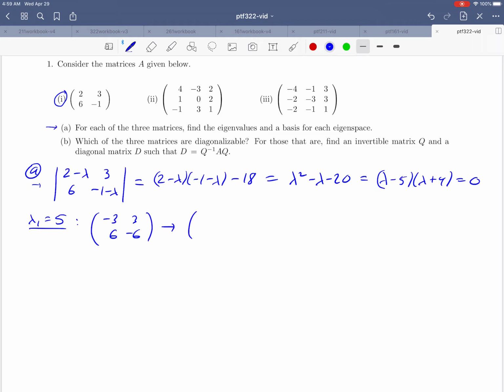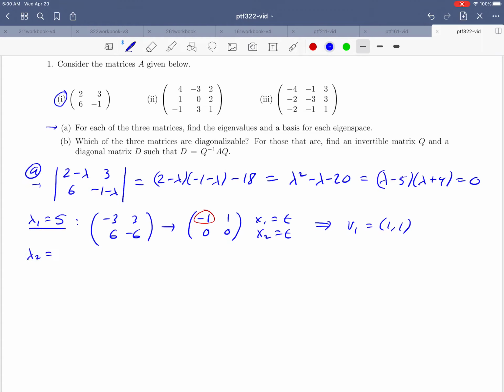If we do a little row reducing to echelon form, we can get it down to this form, minus 1, 1, and then 0, 0. You can see that we've got one pivot position up here. So we've got a free variable for x2, solve for x1, and we get x1 equals t as well. If we choose that free variable to be 1, we come up with an eigenvector that looks like 1, 1, associated with that eigenvalue of 5.